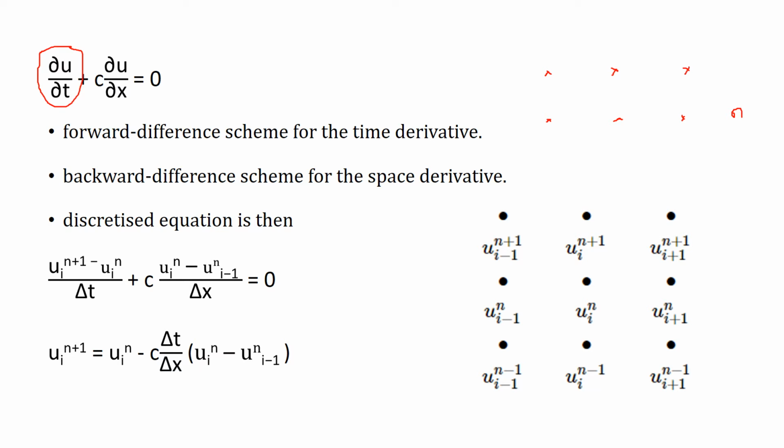So let us take some points here. Let this be at time step n, let this be at, say, n plus 1, and let this be at, say, n plus 2.